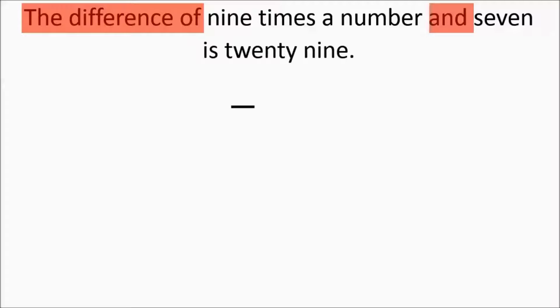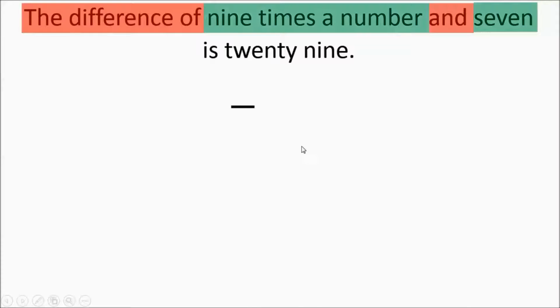Now I've got that word and highlighted also because whatever was before the and is going to be before the subtraction sign, and whatever's after and is going to go after the subtraction sign. So we have 9 times a number and 7. We've got the 9 times a number in front, we've got the 7 afterwards. And then we have the is 29.